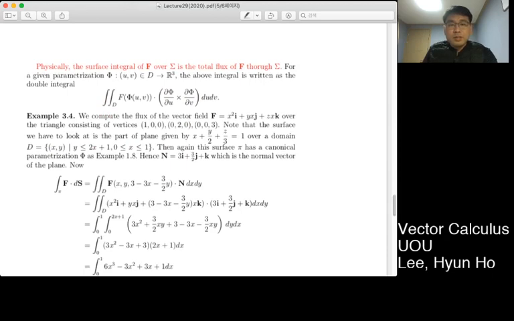Here, written in red, physically the surface integral of the vector field over sigma is the total flux of F through sigma. The total flux is the rate of the flow through the surface sigma.